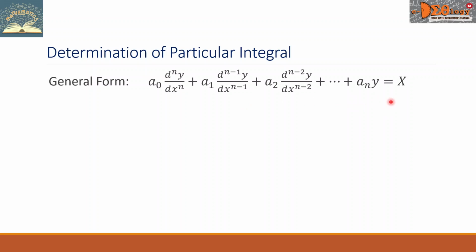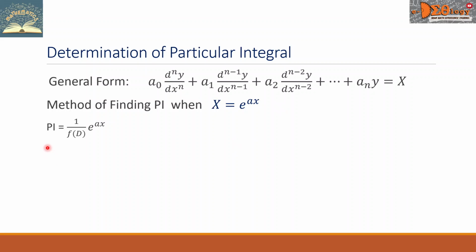This is the general form and the method of finding the PI, or particular integral, when capital X equals e raised to ax. This is the formula. PI equals 1 over f of capital D times e raised to ax.